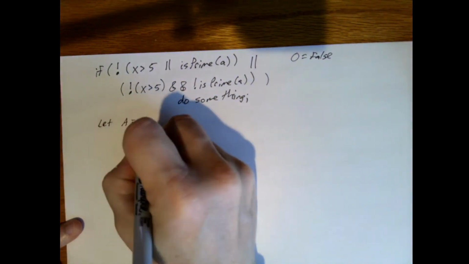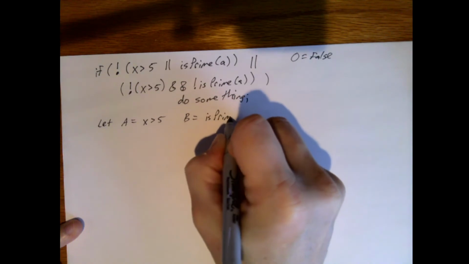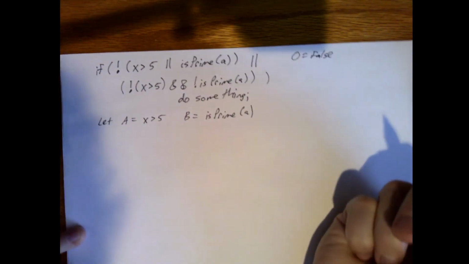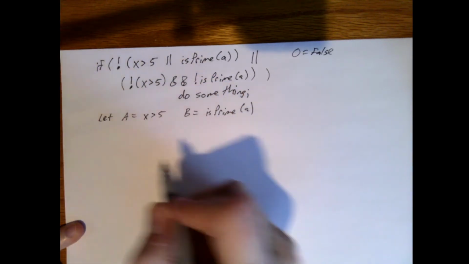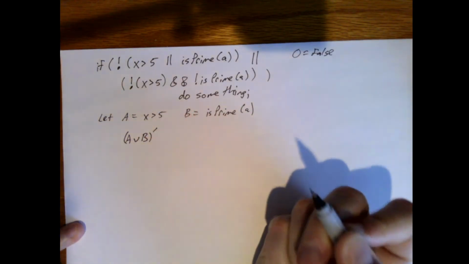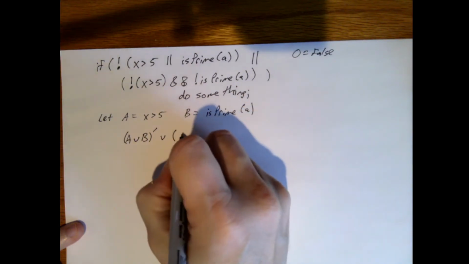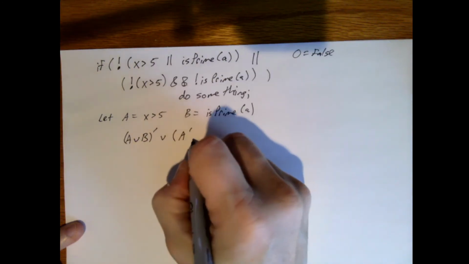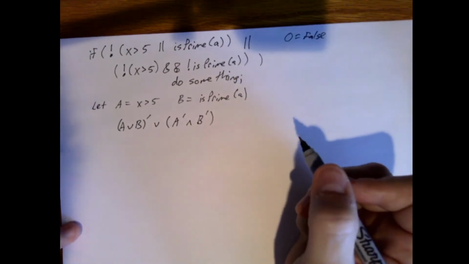Let A equal x greater than 5. B equal is prime of x. And so what do we have here? We see I have A or B negated, or not A and not B. Okay.